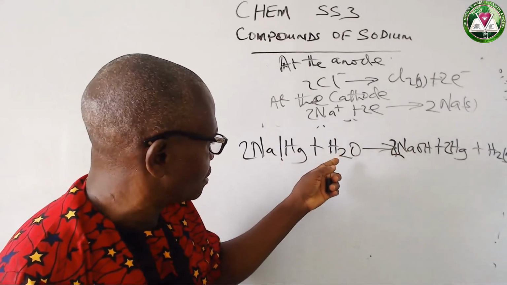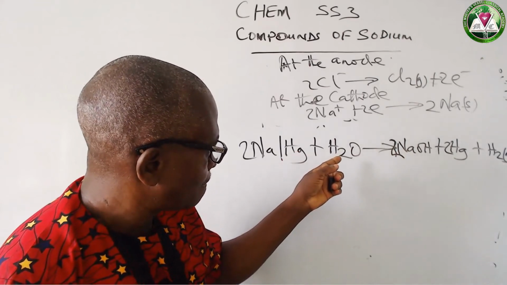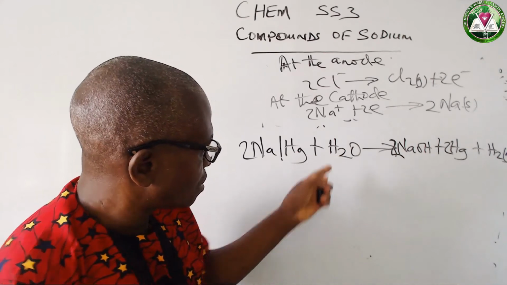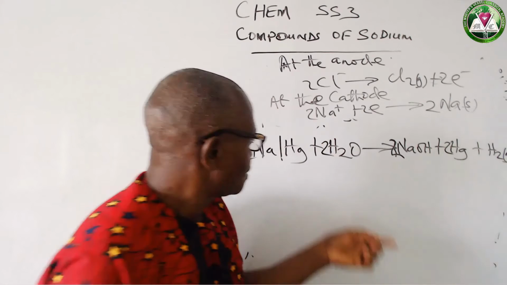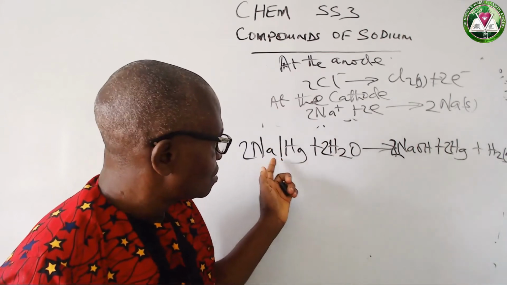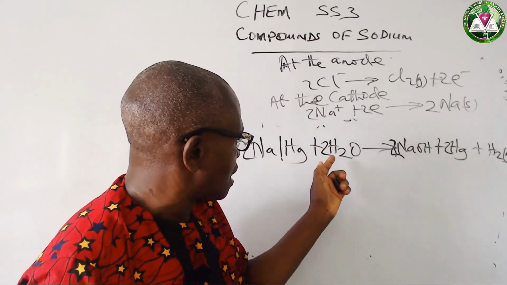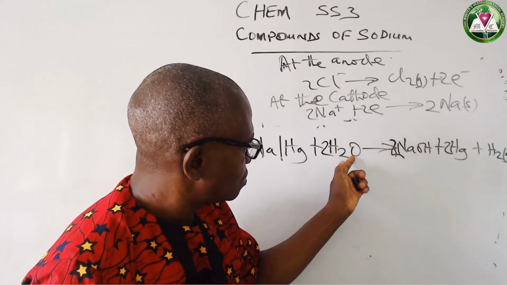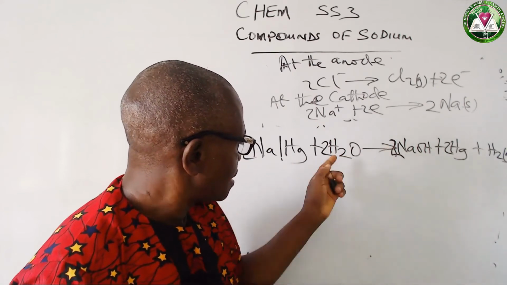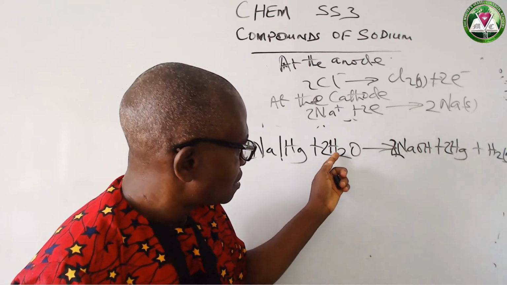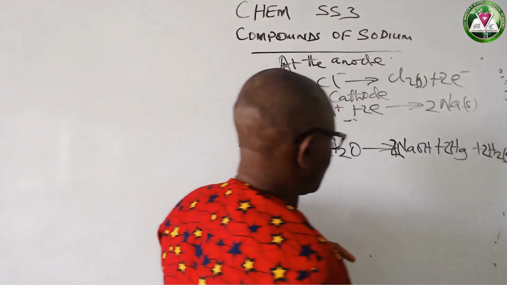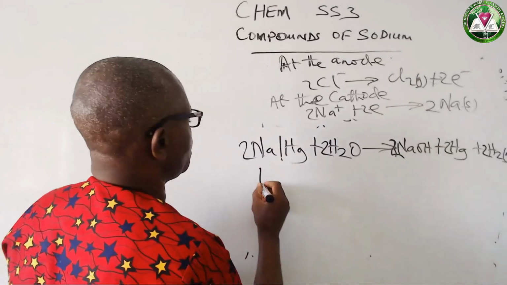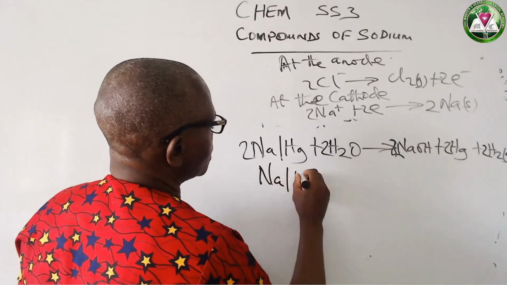Sodium is 2. Oxygen is 2, and 2 is here. Hydrogen is 4. Hydrogen is, you put 2 here. That's 4.